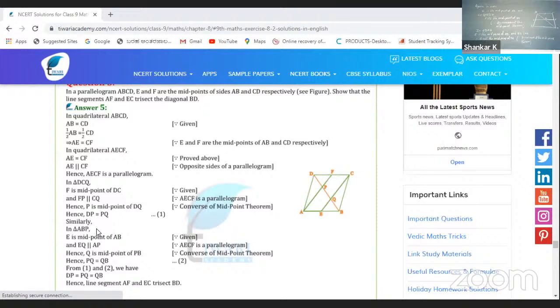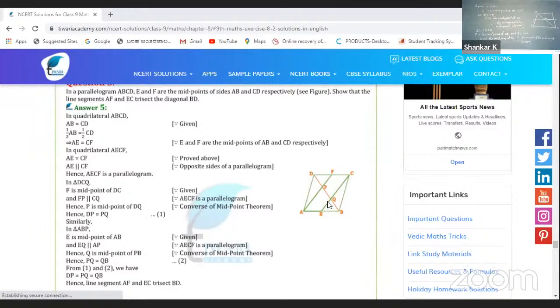Similarly, in triangle ABP, where is ABP? In triangle ABP, E is the midpoint of AB. Correct? And EQ is parallel to AP.